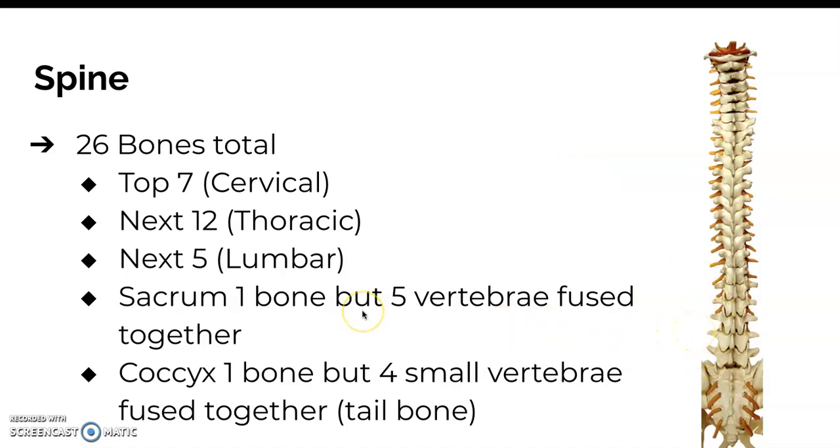Then you have one bone that is actually made up of 5 vertebrae fused together. They're smaller, but they create only one bone, down here, called your sacrum. And your coccyx is made up of 4 small vertebrae, which you will also hear called your tailbone. The sacrum and the coccyx are each considered one bone, fused together from smaller vertebrae.